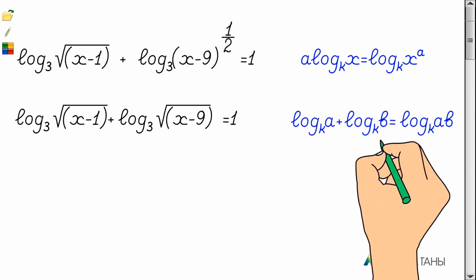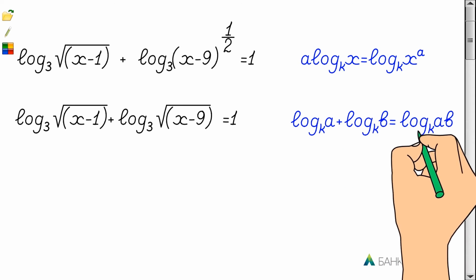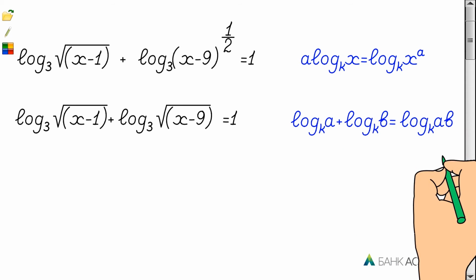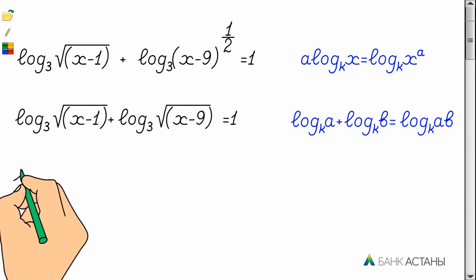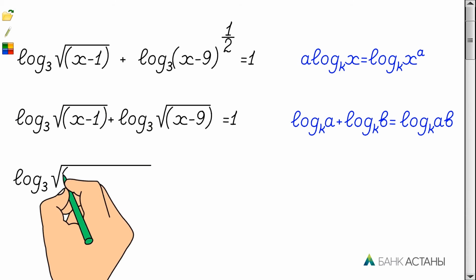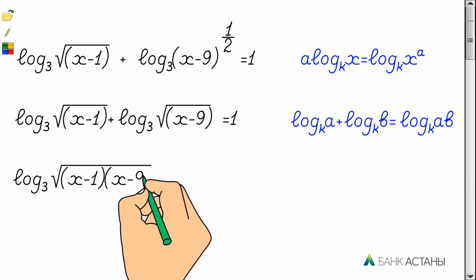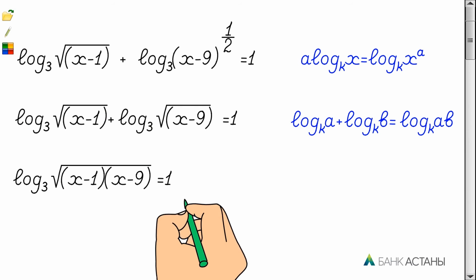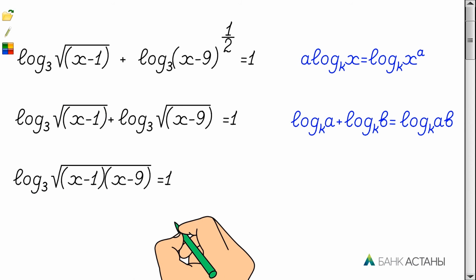That is, the sum of logarithm of a and logarithm of b is the logarithm of the multiplication of a and b. Then our equation takes the following form. The base 3 logarithm of the square root of x minus 1 multiplied by x minus 9 equals 1. So, we got the logarithm of the product.